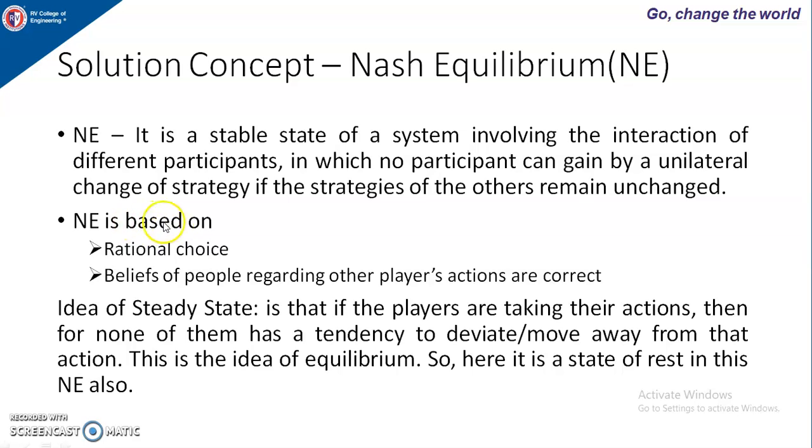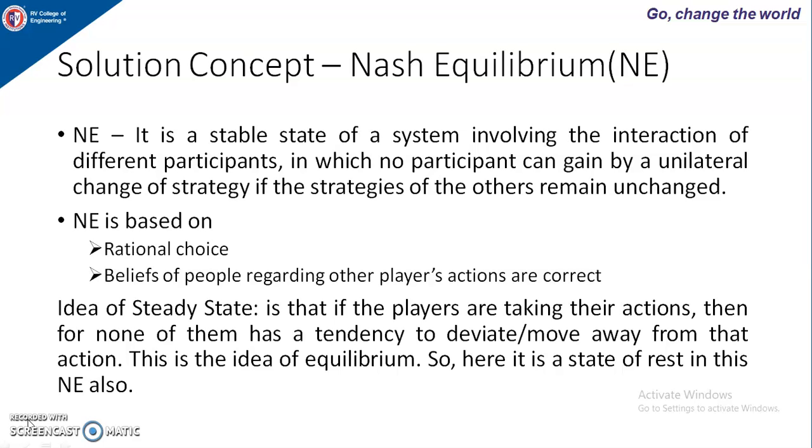This Nash Equilibrium is based on rational choice theory and the beliefs of the people regarding other players' actions are correct. The idea of steady state is that if the players are taking their action, then none of them has a tendency to deviate away from that action. That is the equilibrium.